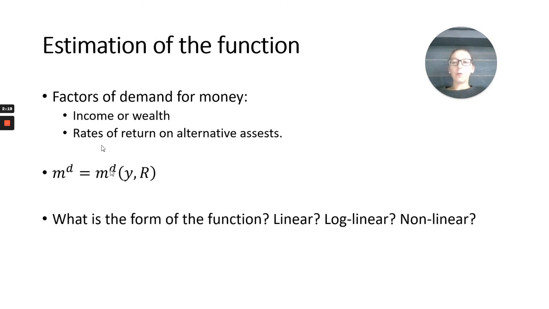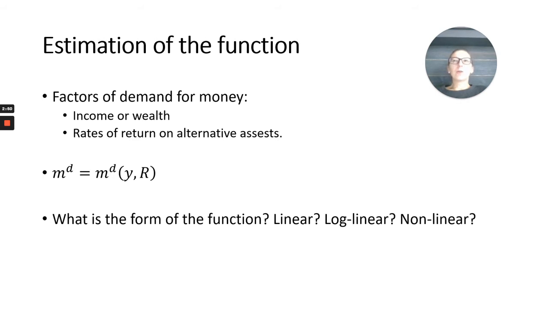So we know those two main factors, but the question which lies beneath is, what is the form of a function? Is it linear? So the interest rates and income has a linear effect on the demand for money? Is it log linear, which would be linked with the Cobb-Douglas function? Or maybe it's non-linear.